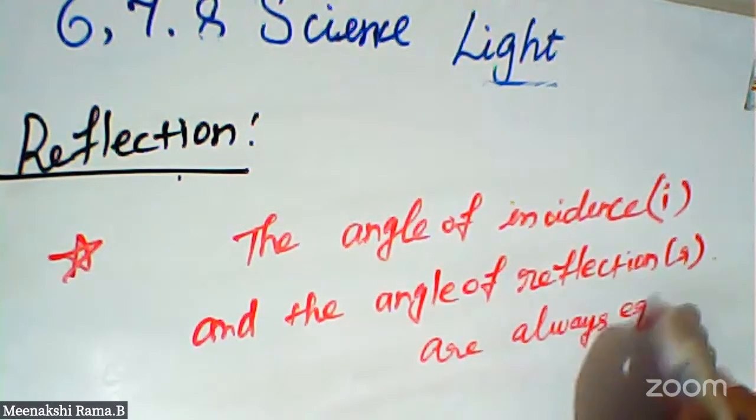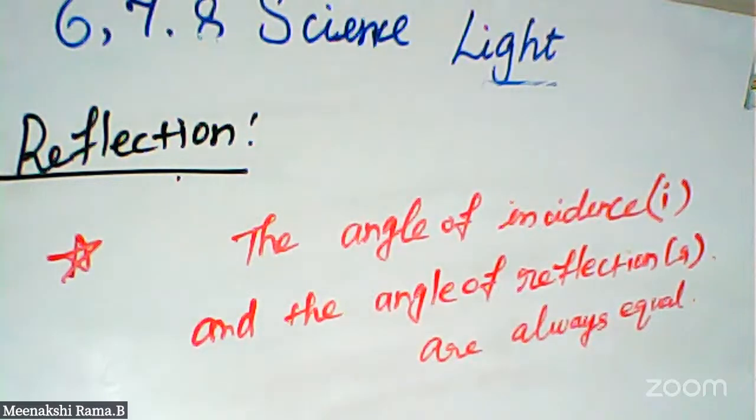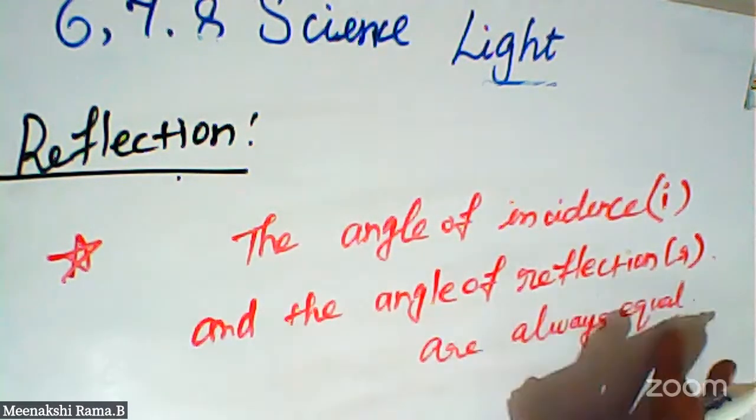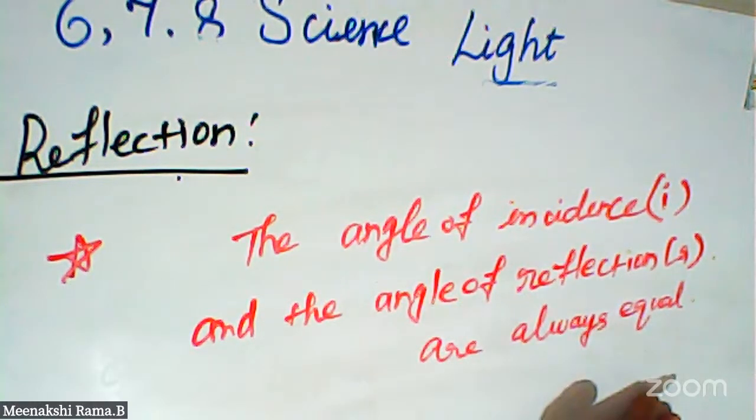This is the second point of the law of reflection: the angle of incidence and the angle of reflection are always equal.